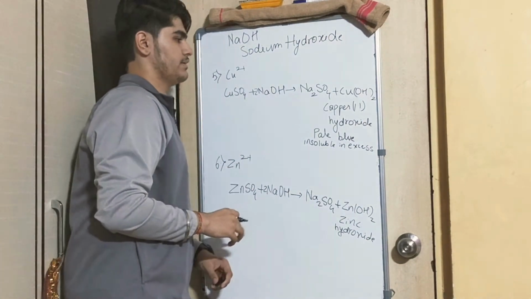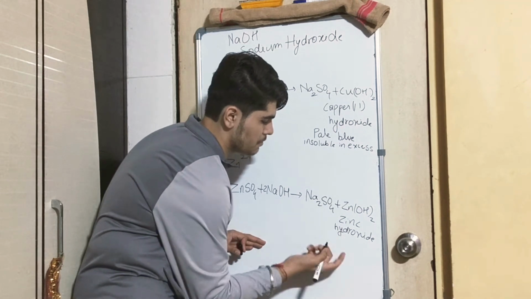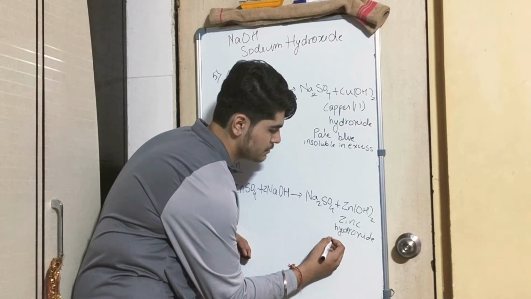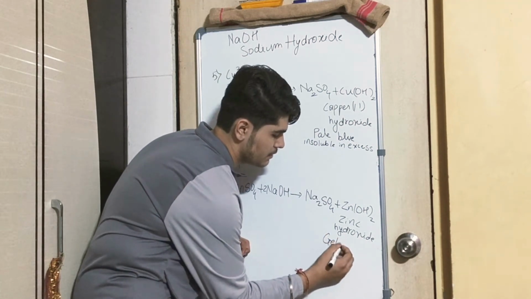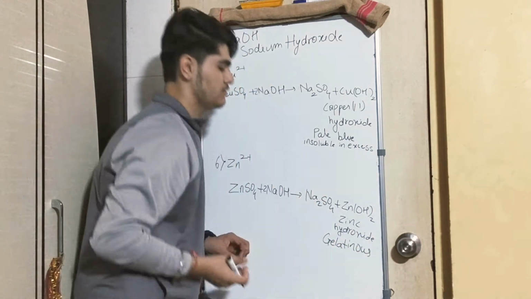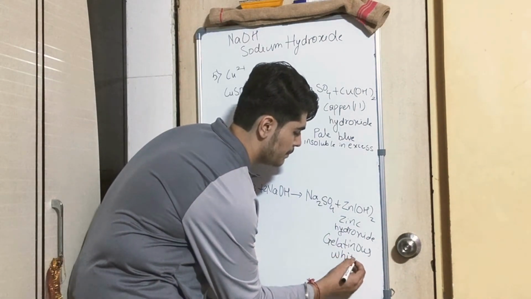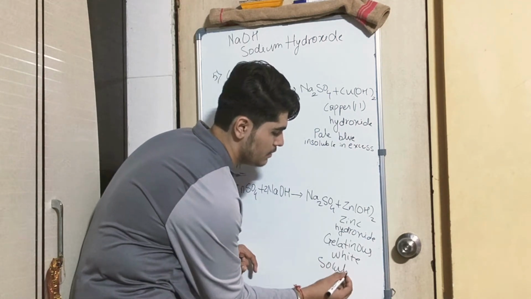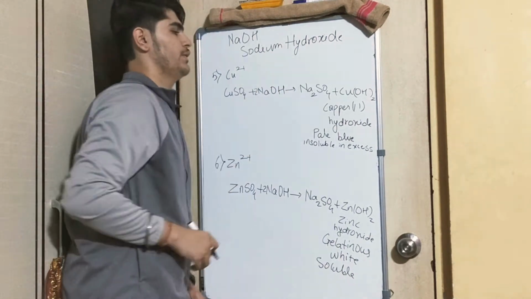This precipitate is gelatinous white. It is a gelatinous white precipitate which is soluble in excess of NaOH.